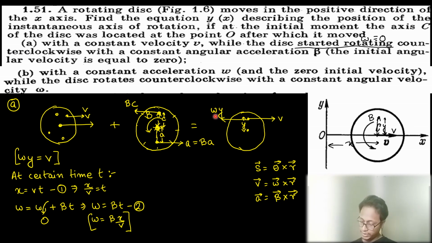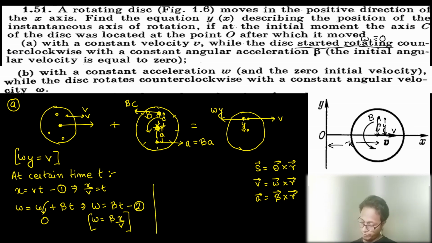Now our equation says that omega into y is equal to v. Why? Because this velocity must counteract omega into y, because the net effective velocity at the instantaneous axis of rotation should always be 0.